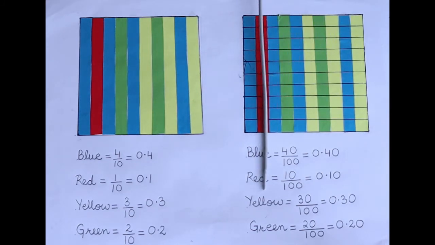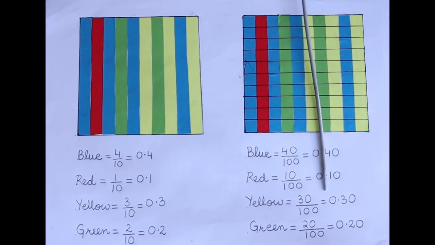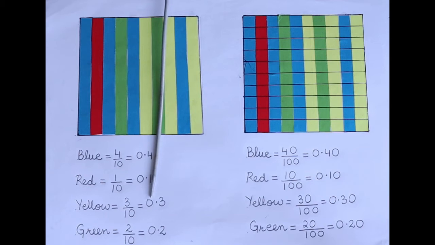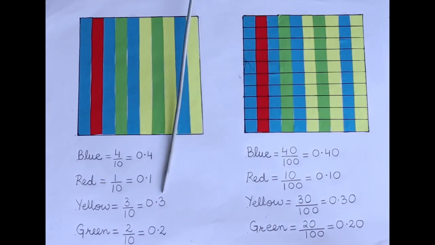So the fraction for yellow portion is 30 upon 100 and its decimal equivalent is 0.30. Since the amount of yellow portion is same in both the figures, 0.3 is equal to 0.30. They both are equivalent decimals.